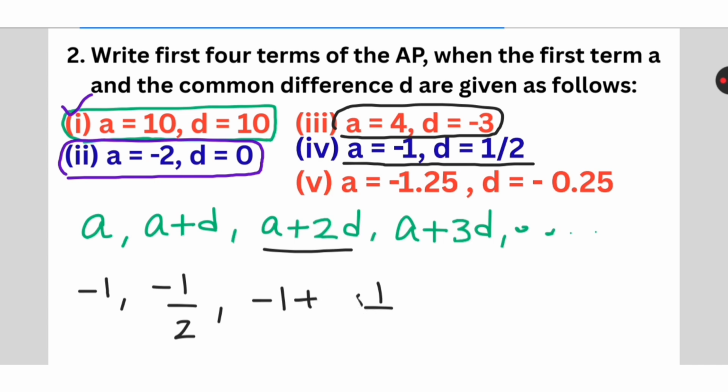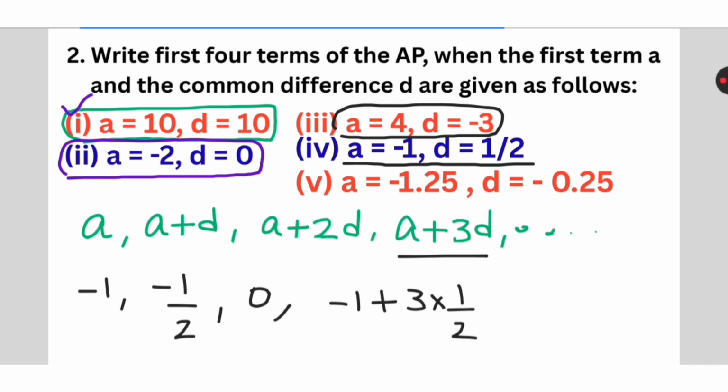Minus 1 plus 1 gives 0. So the third term is 0. The fourth term is minus 1 plus 3 times D, which is 1 by 2. So minus 1 plus 3 by 2. If you take the LCM 2, then we are left with only 1 by 2. So that is our fourth term. These are the first 4 terms of an AP for our fourth question.